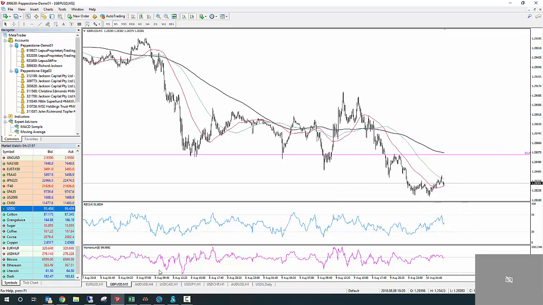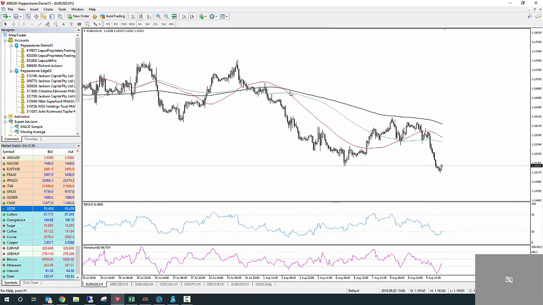So let's have a look at the euro. Here we go. We've got this nice divergence in here, and there's our divergence. Let's call this X, A, and then we go A, B. Some guys might have taken it.